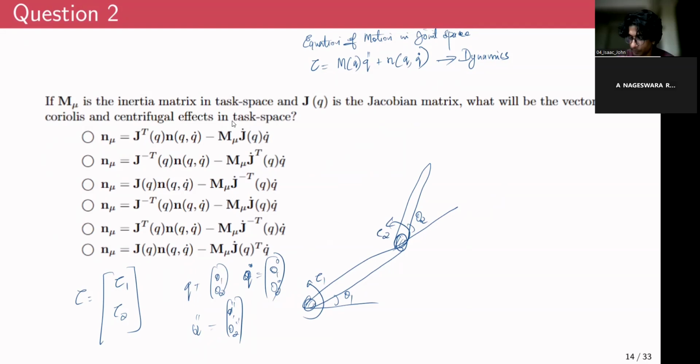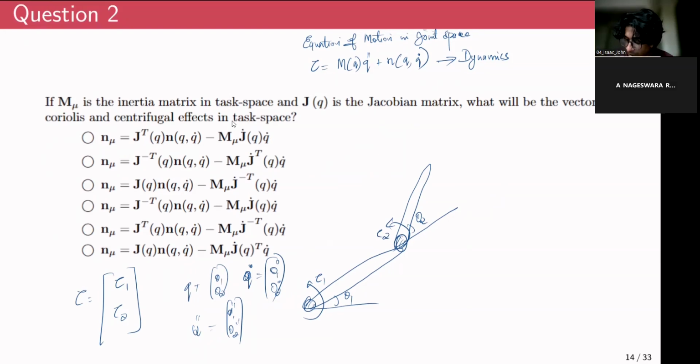But then the question asks you to find an equation of motion in task space. So instead of writing this equation of motion in joint space, we can write the same equation of motion in Cartesian space or in task space. So that would look something like F equals a mass matrix M of mu multiplied by eta double dot plus N of mu.